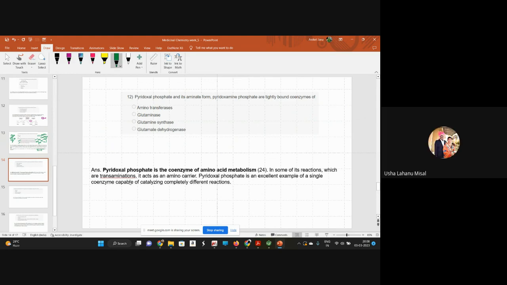Aminotransferase. Yes. Pyridoxal phosphate is a coenzyme of amino acid metabolism. In transamination reactions, it acts as the amino carrier. It is an excellent example of a single coenzyme capable of catalyzing completely different reactions. So the right option is aminotransferase.